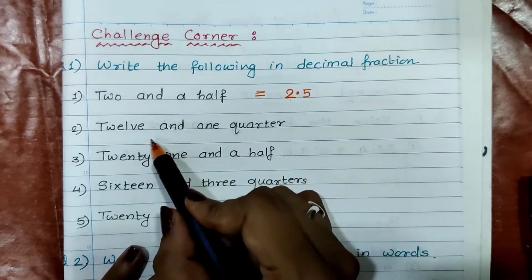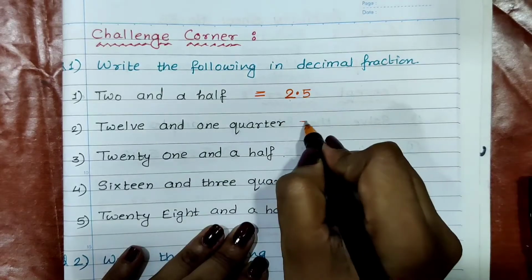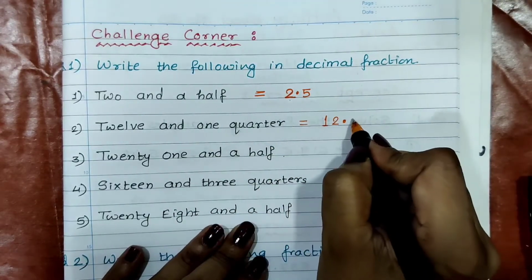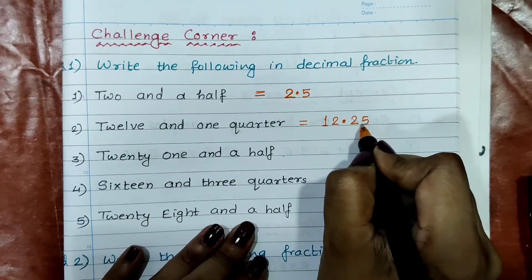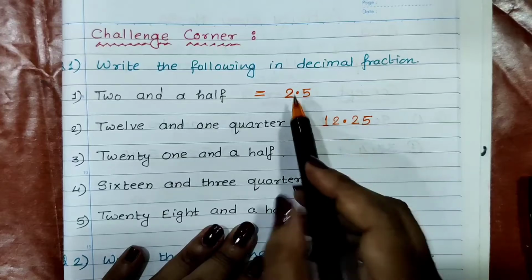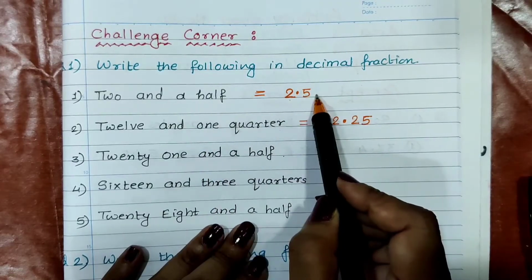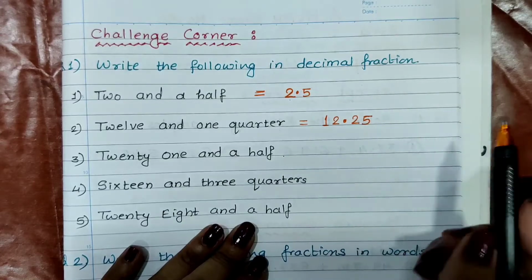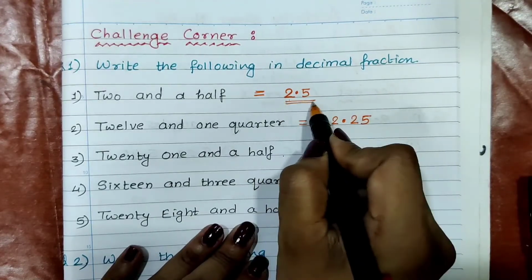Okay. 12 and 1 quarter. That means 12 point, and 1 quarter means 25. 0.25. 1 half means 0.5, 1 quarter means 0.25, 3 quarter means 0.75. In this way you all have to remember.